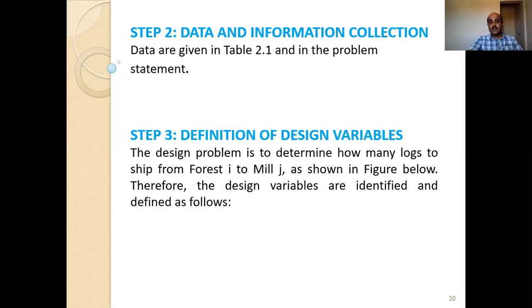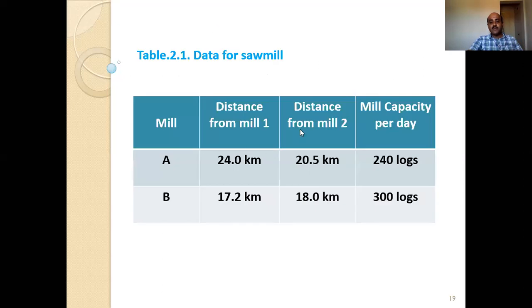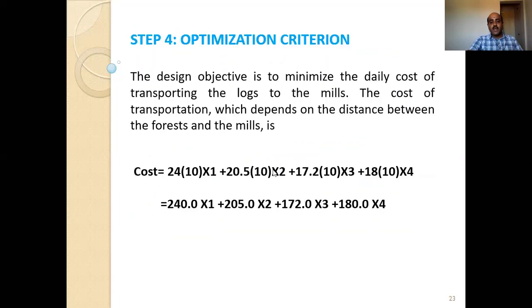So you can see this table here. The distance from forest 2 to mill A is 20.5. So 20.5 into 10, again the cost for shipment of a log at 10 per 1 kilometer, into x2. What is x2?